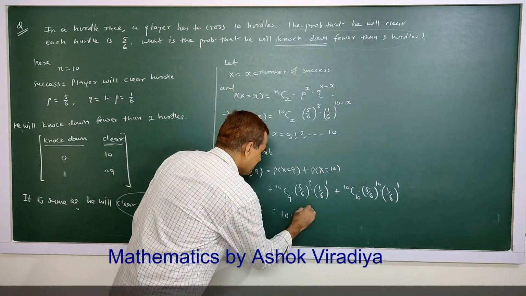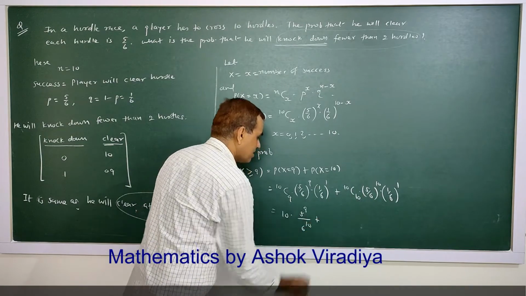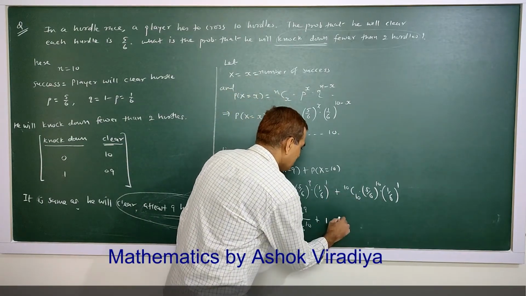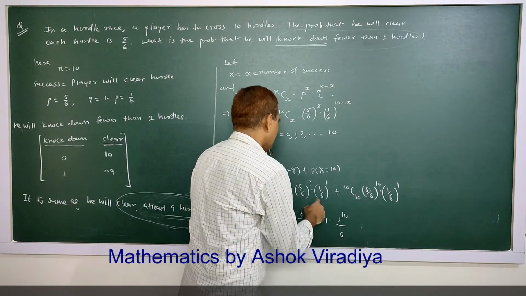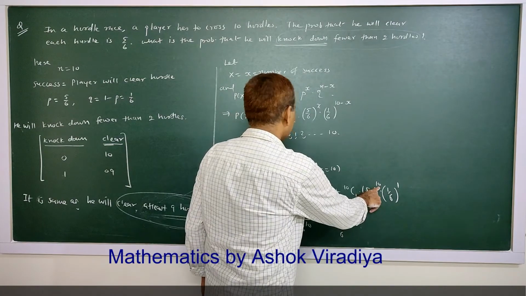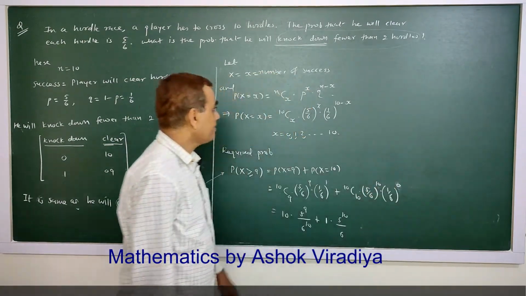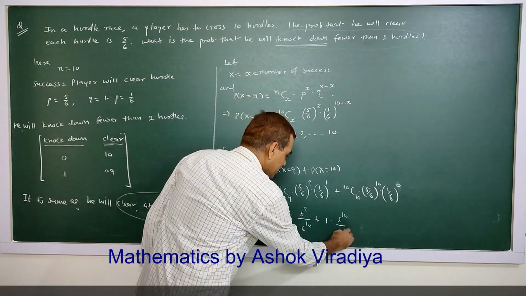This will be 5 raised to 9 upon 6 raised to 10, plus 10C10 is 1. So 1 into 5 raised to 10 upon 6 raised to, here this is 10 minus 10, 0. So 5 raised to 10 upon 6 raised to 10.